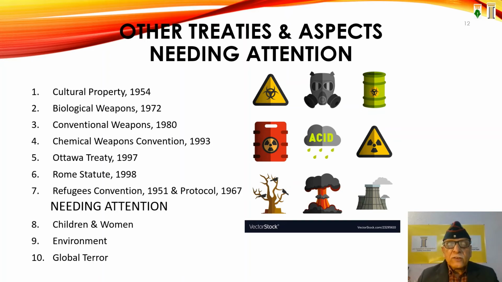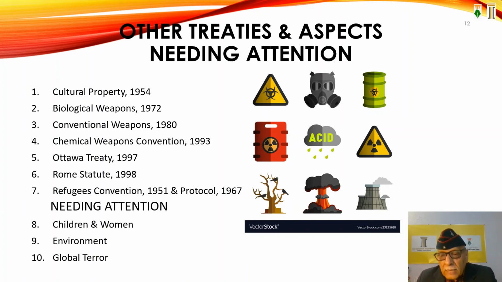And there are certain aspects, despite these treaties and conventions, which continue to engage further attention. Just to indicate to you, the elements that need to be saved and protected are the category of children and women. Then environment.